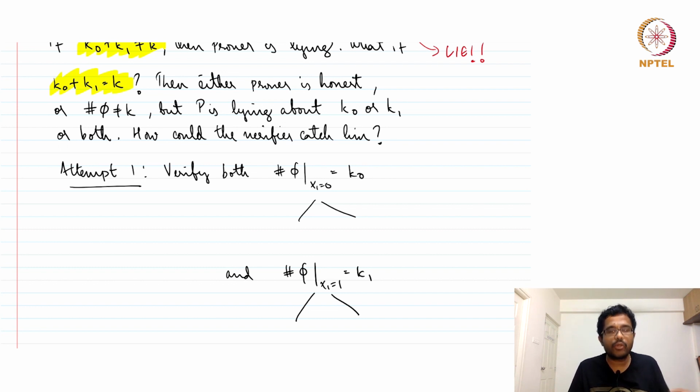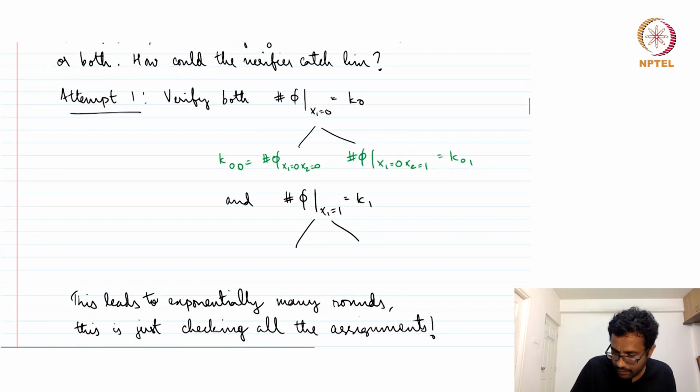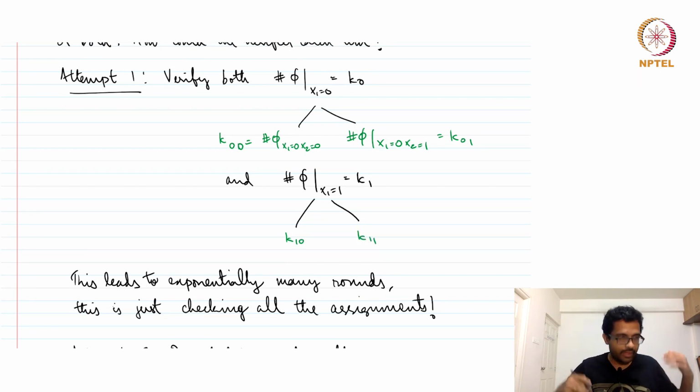So we could ask what is the number of satisfying assignments when x1 equals 0 and x2 equals 0, and what is the number when x1 equals 0 and x2 equals 1. This may be k00 and this may be k01. And similarly, I could have k10 and k11. These numbers are provided by the prover.